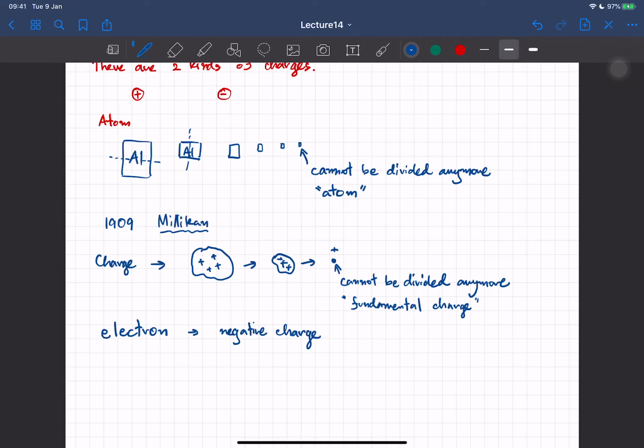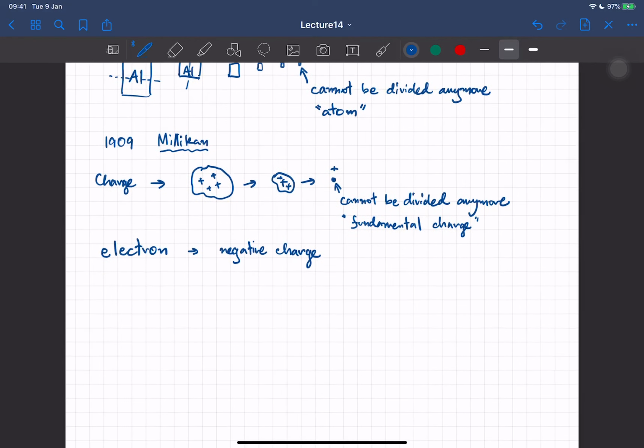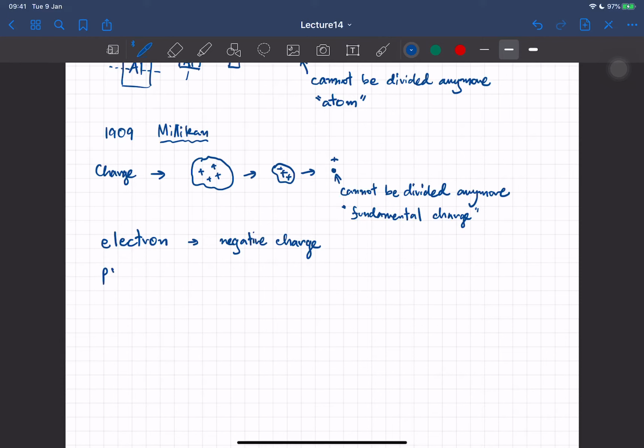Okay. The other fundamental charge is positive charge, and that is associated with a particle which is called a proton. Right. So electron and proton have the smallest unit of charge possible.